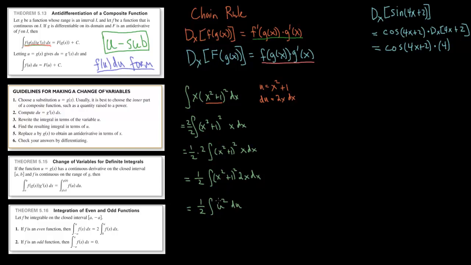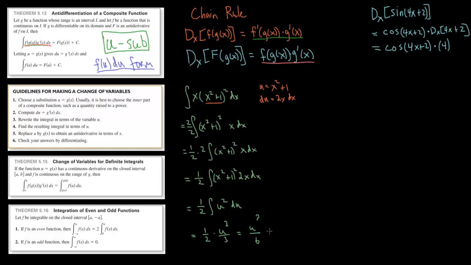And now how do we antidifferentiate u squared? Well, that's easy. Just imagine u is just a variable here. Imagine it's an x squared dx. Well, we increase the power by 1, and we divide by that new power. So it's u cubed over 3, which of course equals u cubed over 6.